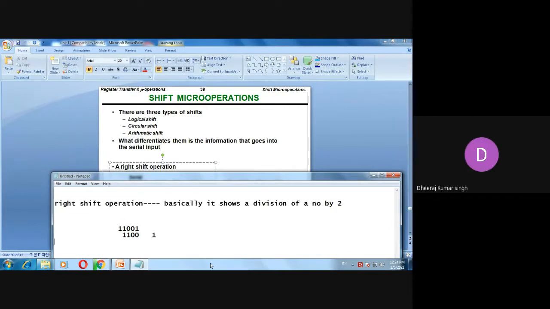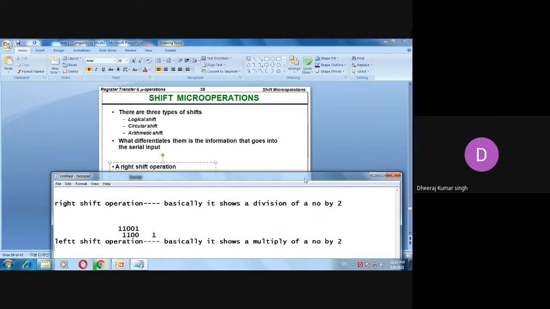Yes, sir. Now we can talk about the left shift operations. The left shift operation shows a multiplication of a number by 2. It is totally different. This is known as the left shift operation.